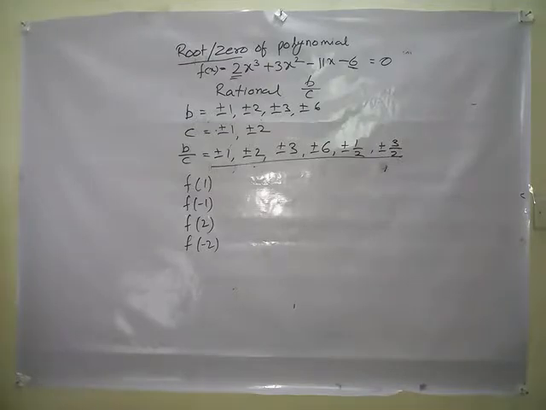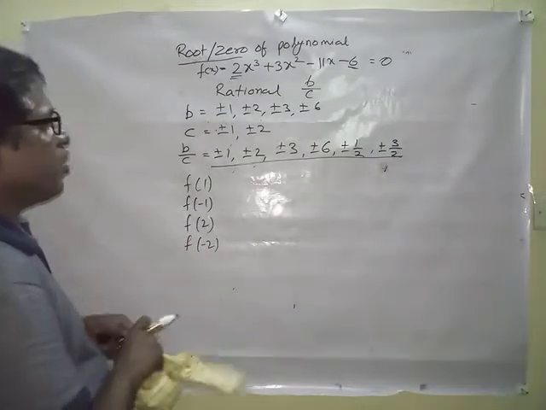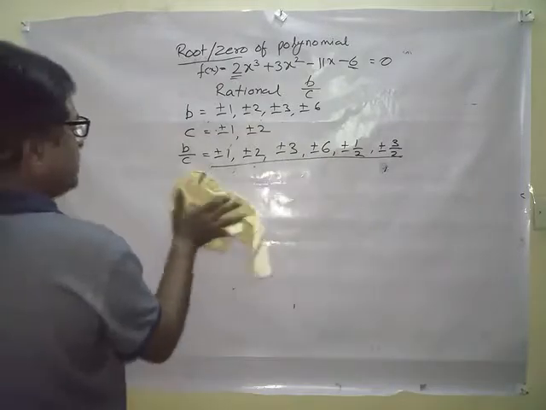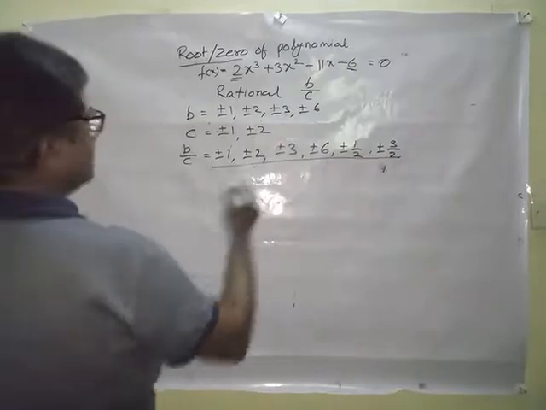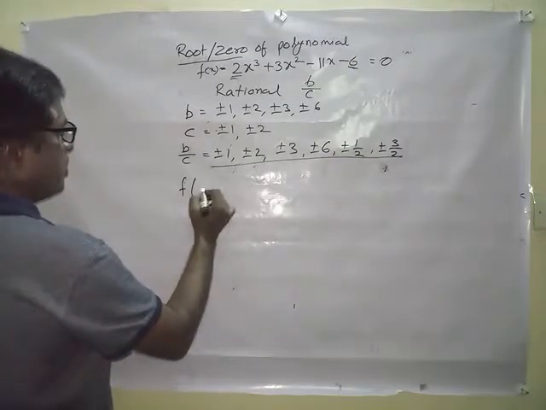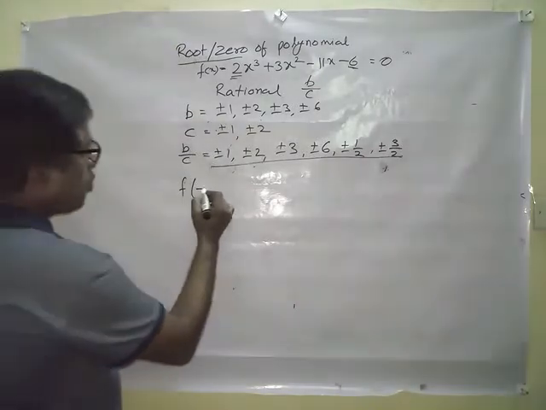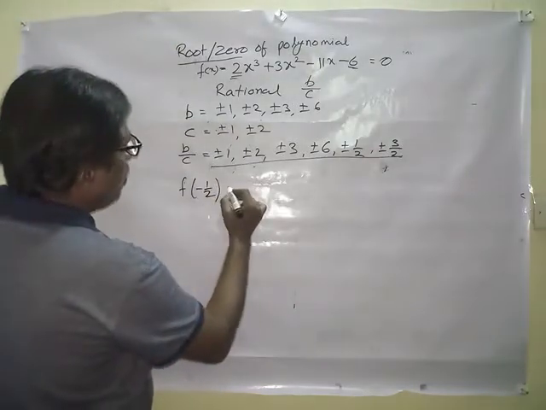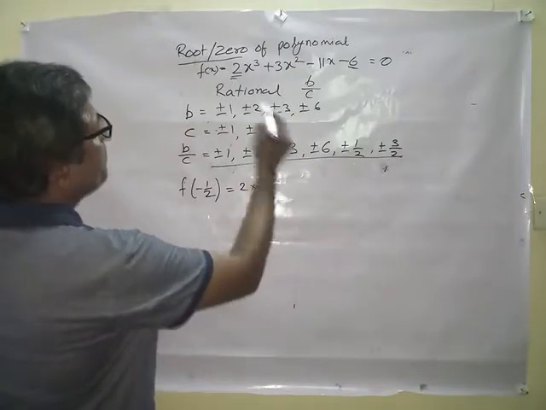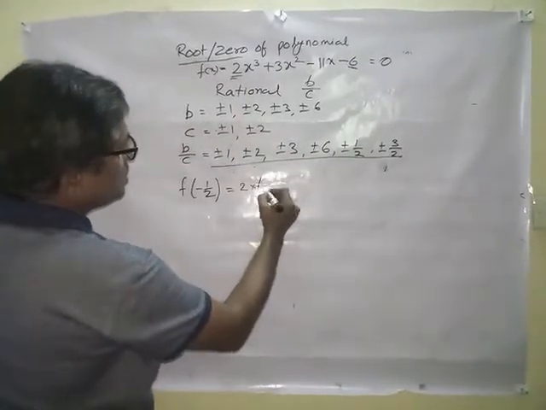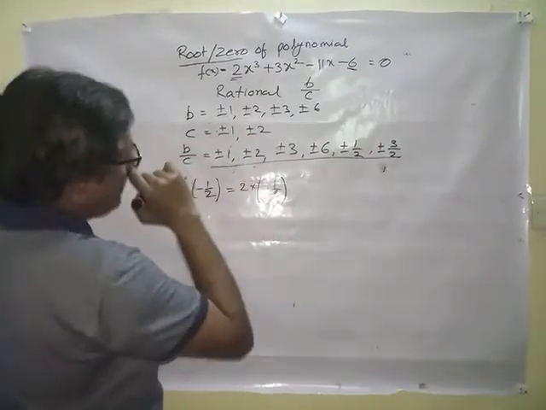So I'll tell you, one number will definitely be a factor. If you place the value of minus 1 by 2 in f, then this equation will be 2 multiplied by minus 1 by 2 cubed, which means minus 1 upon 8. I am simply solving it.